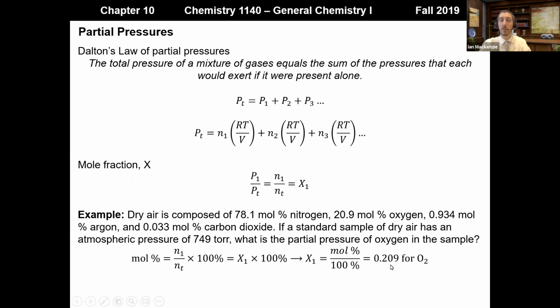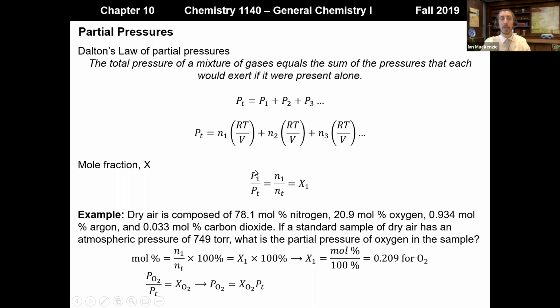So we get 0.209 as the mole fraction for oxygen. Now I know from the above equation that the mole fraction is equal not just to the ratio of the moles, but to the ratio of the pressures, partial pressure over the total pressure. I've just figured out the mole fraction, and I have been given the total pressure, 749. So all I need to do is solve for the partial pressure.